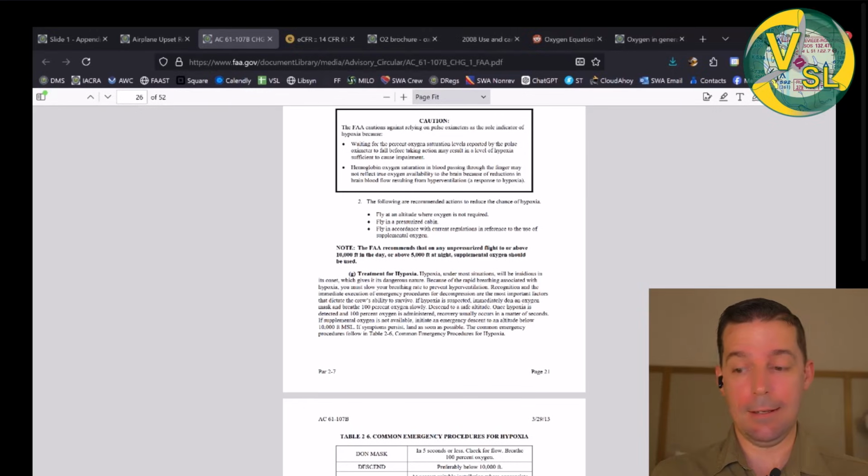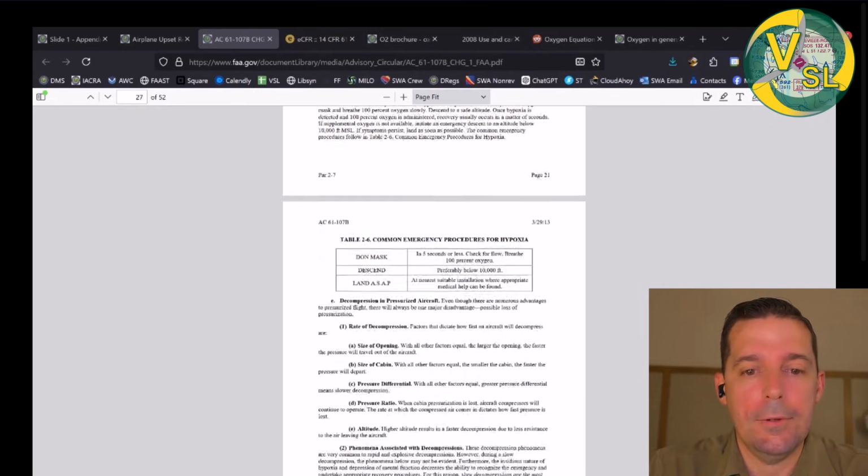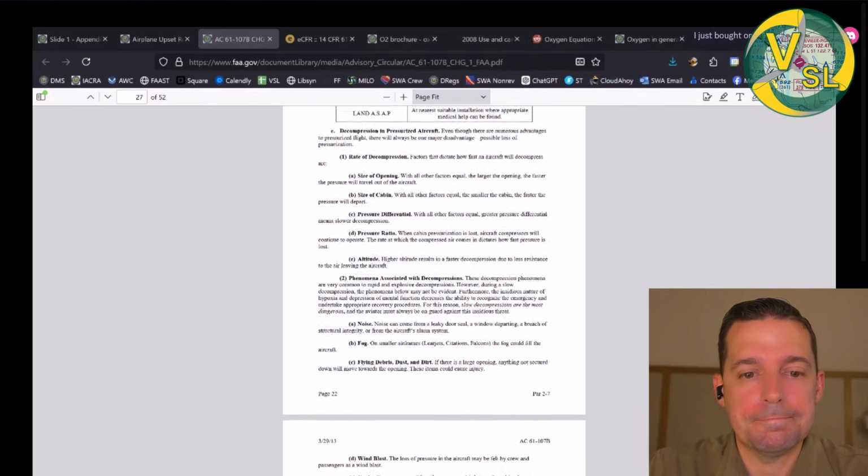So you'll start to see, hey, my pulse ox is 100%. I must be in great shape. So if you are used to seeing the low 90s when you're at altitude, and all of a sudden you see 100%, that might be an early indication that you're getting some sort of carbon monoxide poisoning. So I'd investigate that further. Just thought I'd throw that in there because it's kind of interesting.